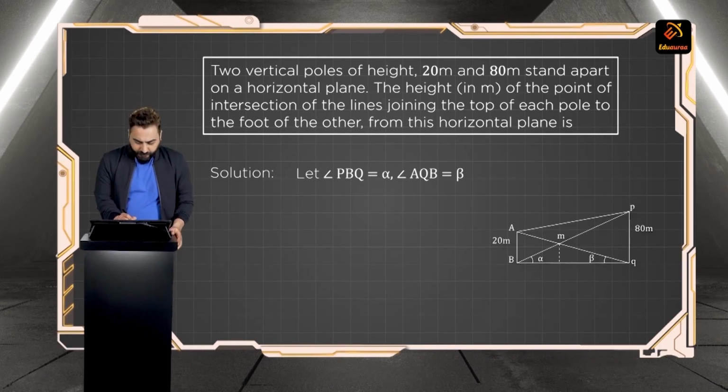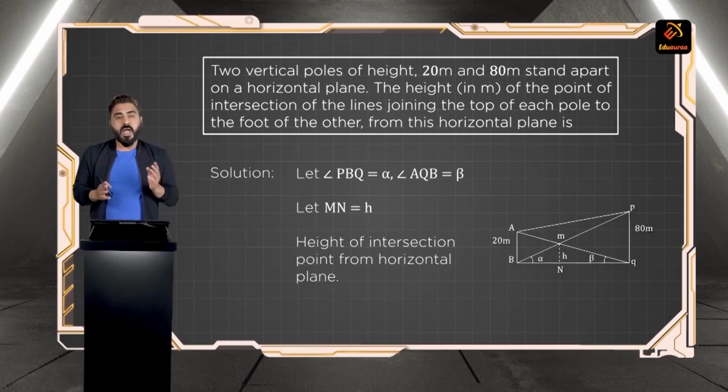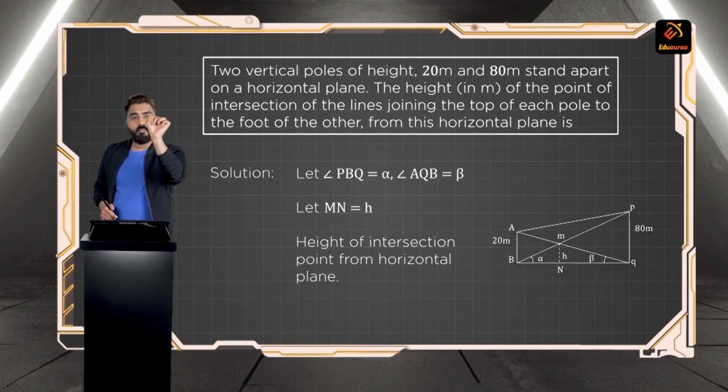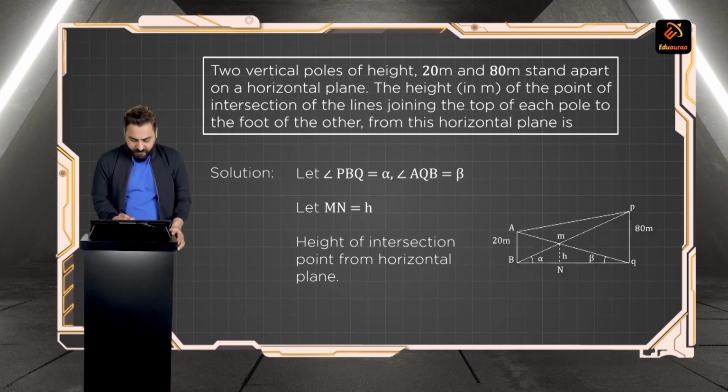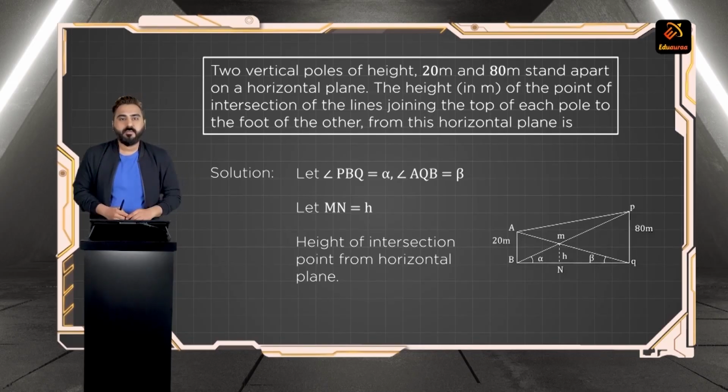The intersecting point is nothing but M, and let's say that is your height H. Now, if M is the intersecting point, we draw a perpendicular from point M to point N, let's say that is H meters, and that is the height of the intersection point from the horizontal plane.